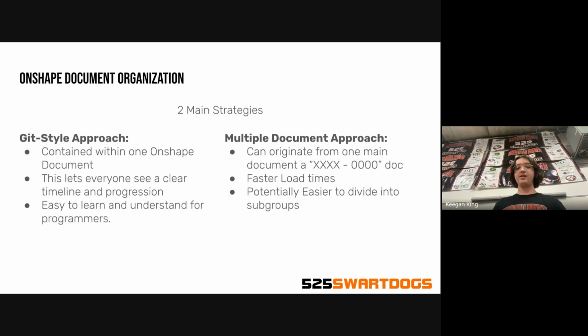And then something other teams will also do is a multiple document approach. They start with one document and name it XXX-000, where XXX is their team name. So for us, it would be 525-000, and that 000 is just saying that it's the main origin document.